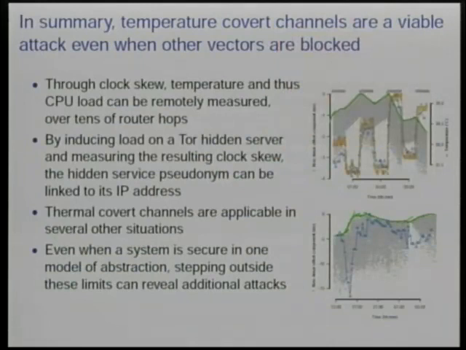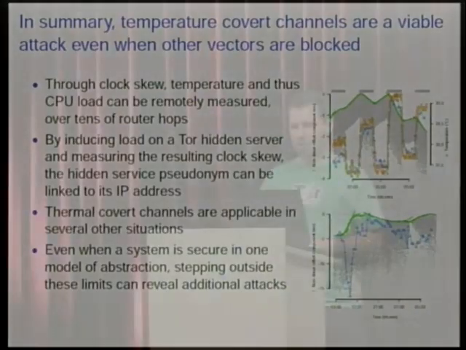So in summary, I think temperature covert channels are interesting, and in some cases they're a viable attack in more high-integrity systems. In your average system, there's going to be better attacks, but if you've defended against all other avenues, then this might be an adequate way to go. I showed how inducing load on Tor and Ceres will introduce clock skew, and that can be measured remotely.